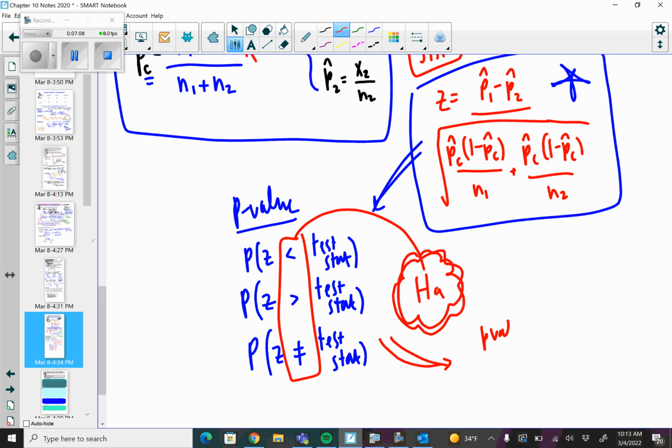If our p-value is less than our significance level, we are going to reject our null. And if our p-value is greater than our significance level, we fail to reject.